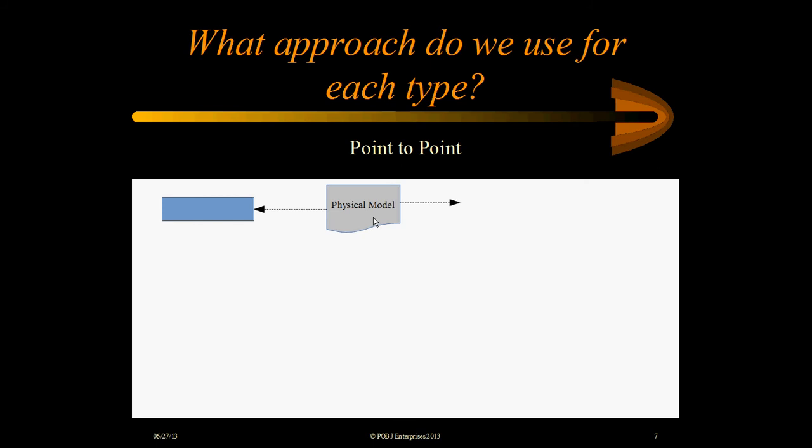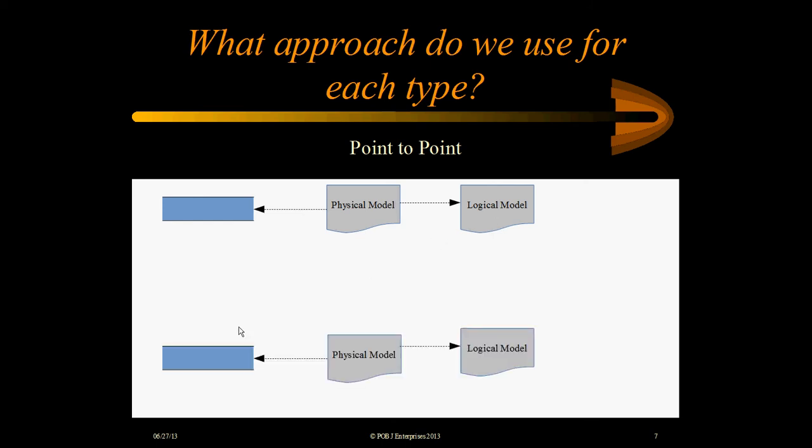And then with the physical model, we extend that and derive a logical model that gives us the meaning and understanding of that data organization or that set of data structures. Then we do the same thing for the target interface. Now, once we have those two in place, we can then use those models to develop transformation rules that describe the steps necessary to go from the source interface structure to the target interface structure.